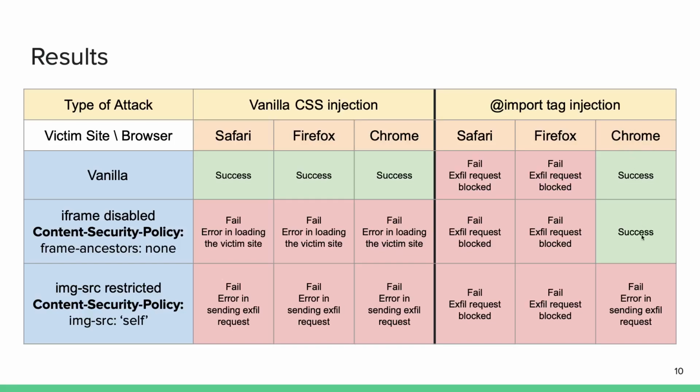However, even for Chrome, it can still be mitigated by restricting image source with CSP, since import tag injection also relies on background image load to trigger the secret exfiltration request. So that's all for secret exfiltration. Now Theodoros will talk about relative path override for UI spoofing.